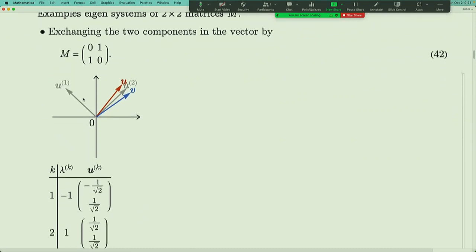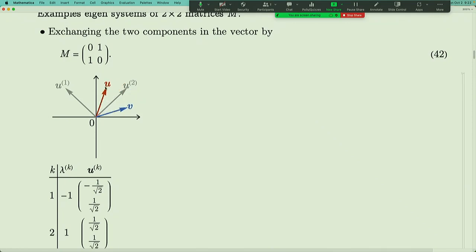When the matrix acts on this u1 or this u2 vector, the resulting vector is still along the same direction, either positive or negative, so it doesn't change its direction, but only changes its scaling factor. There are only two such vectors in the whole two-dimensional plane, and they are called eigenvectors because when the matrix acts on the vector, it looks like a scalar multiplying the vector. The multiplying scalar is called the eigenvalue.